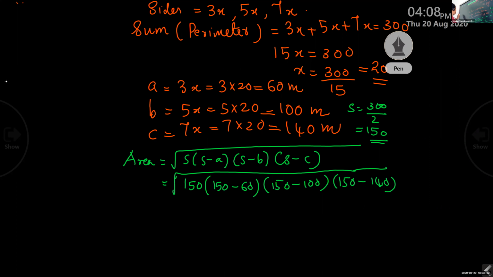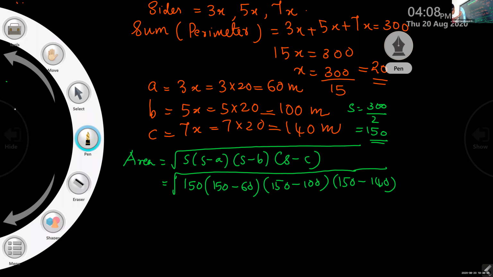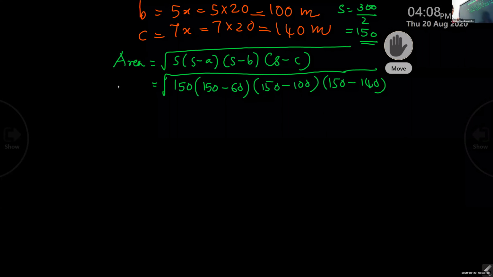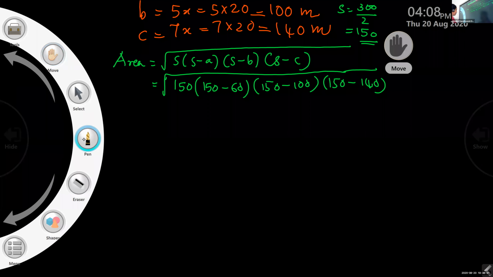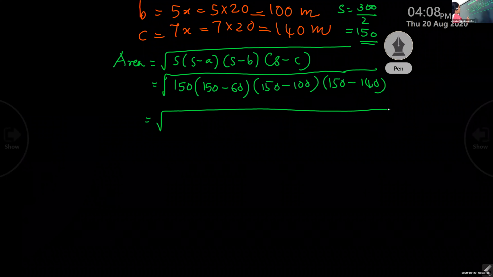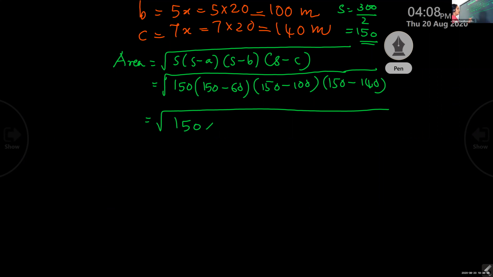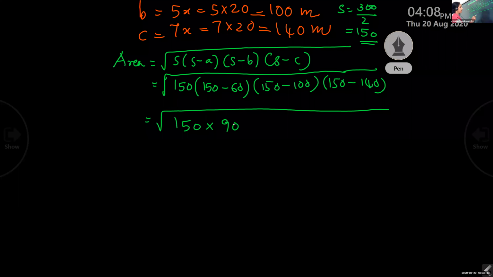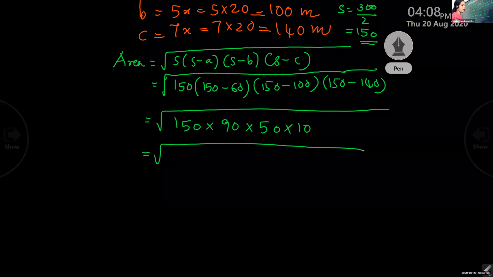And you will get the answer. Okay, children. It is 150 into 150 minus 60 is 90, into 50, into 10. No need of factorizing into such small factors.